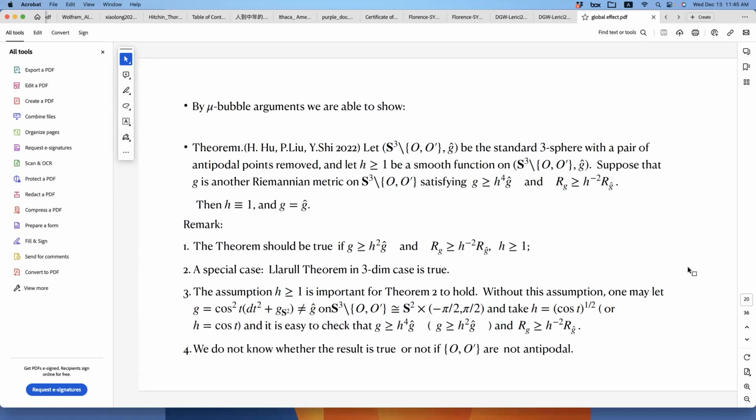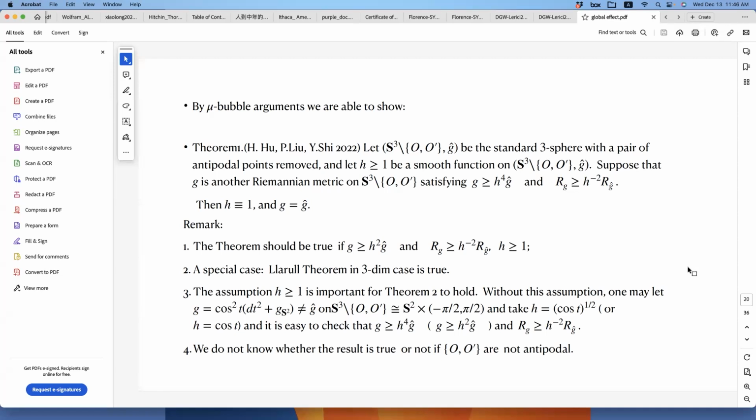Suppose that G is another Riemannian metric on S3 with antipodal points removed, and G is bigger than or equal to H to the power of 4 times G hat, and the scalar curvature of G is bigger than or equal to H to the power minus 2 times that of the standard sphere. Then H must be equal to 1. That is, G must be isometric to the standard metric G hat.